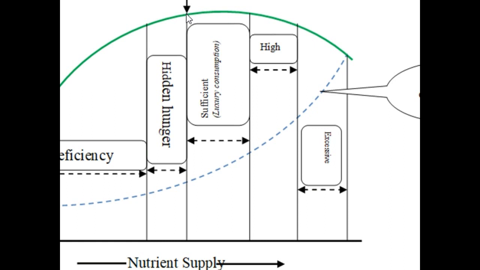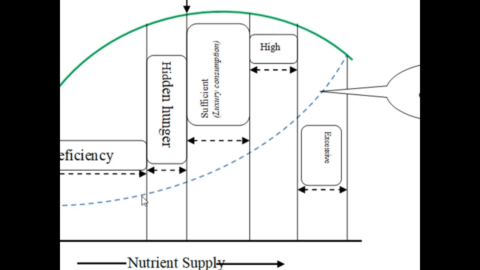It is a point above which excessive growth occurs, and below this deficiency occurs. This is a certain point, and above this is the sufficient consumption of nutrient, and after this is the high uptake of nutrients, and there is the toxic effect of the nutrients, and this is the concentration of nutrients against the supply of nutrients.